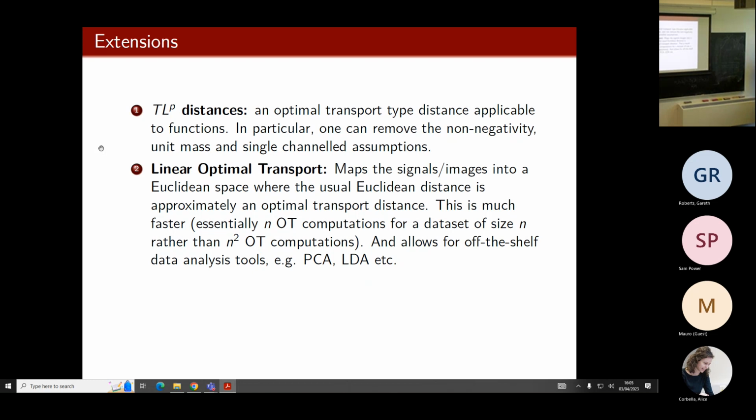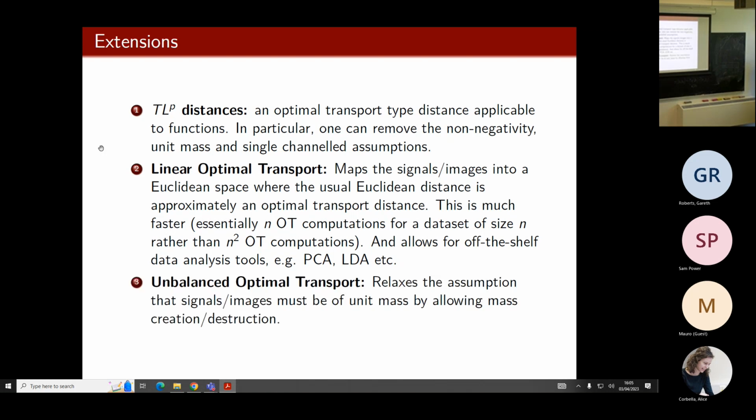What this means is that we reduce from having to do n squared optimal transport calculations to essentially computing this embedding and then doing n squared Euclidean calculations. Of course, Euclidean calculations are very cheap and easy, so we get that for free. And then once we're in this Euclidean space, we can use our favorite tools.